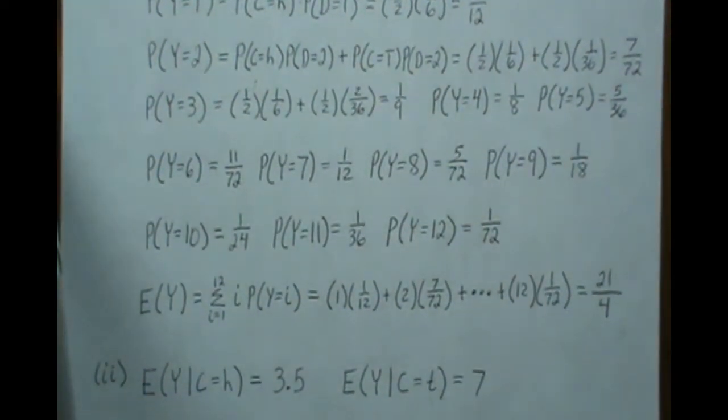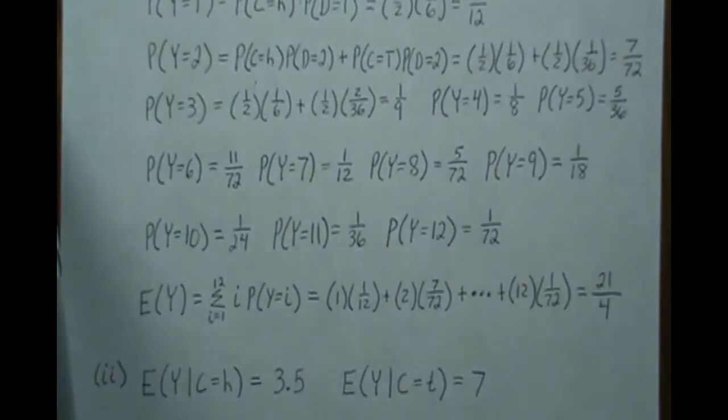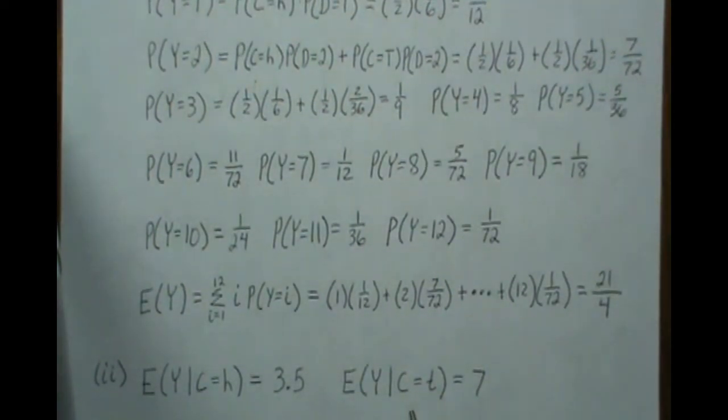Now here, if we look at these conditional expectations, what's the expected value of y given that we flipped a head? That means we're only going to roll one die, and the possible values are 1 through 6. So the expected value of that is 3.5, or 7/2. And if we flipped a tail, what's the expected value of y?